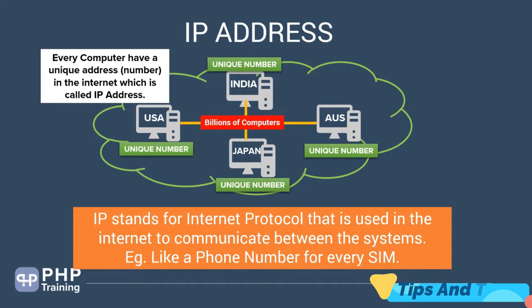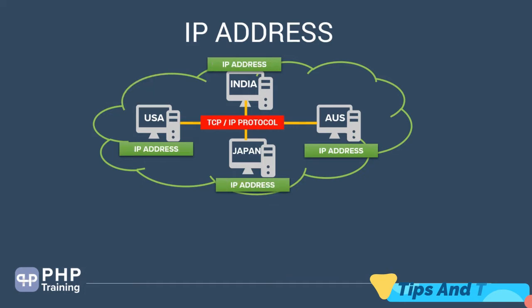This address is called the IP address. Once the IP address is assigned to each computer on the internet, using the protocol called TCP/IP, they can uniquely identify that particular IP address, establish a connection and transfer the data.